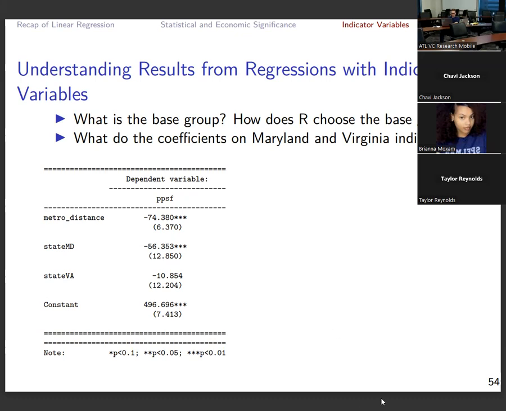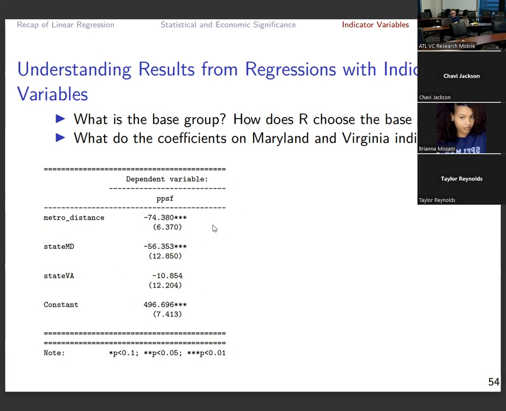So we know what the base group is, it's DC. We've talked about how R chooses the base group, it's alphabetical. And we've also explained what those intercept terms for Maryland and Virginia mean, and it's all relative to the base group DC. And so everything that you've done thus far in your inference is based upon these values here.